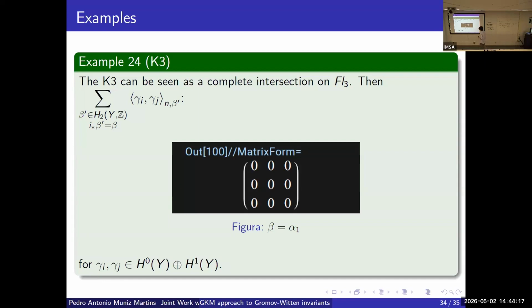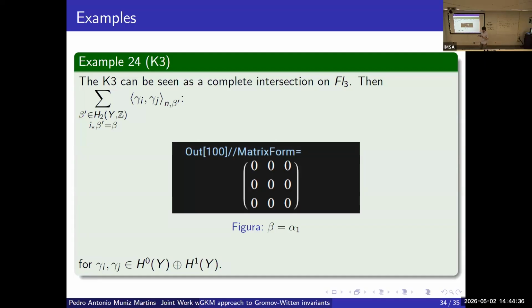Here the K3 has complex dimension 2, real dimension 4, and has 4 cohomology groups, but in this matrix right here we are only considering the zero cohomology and the first cohomology.